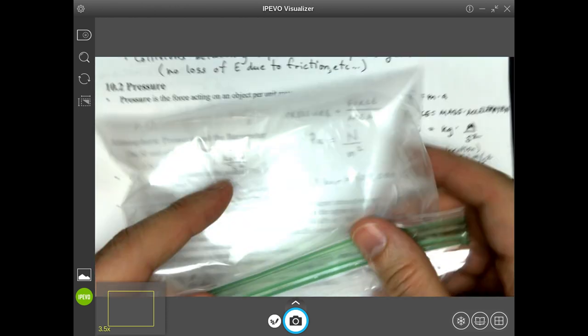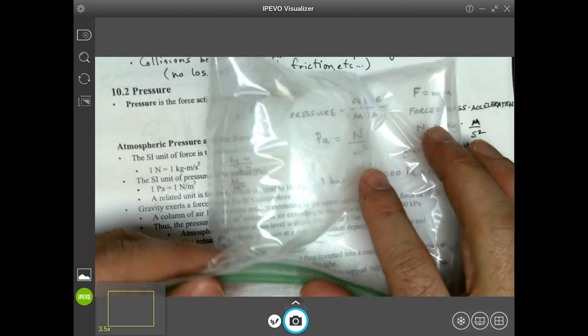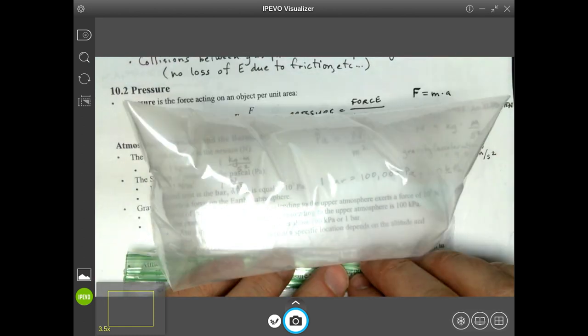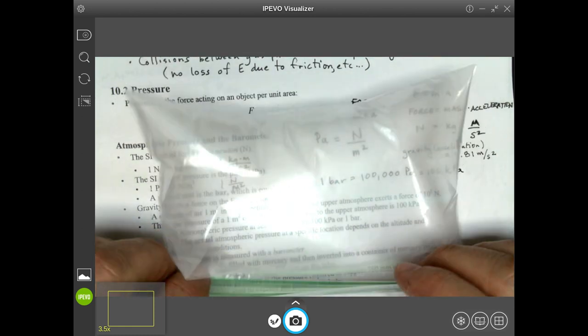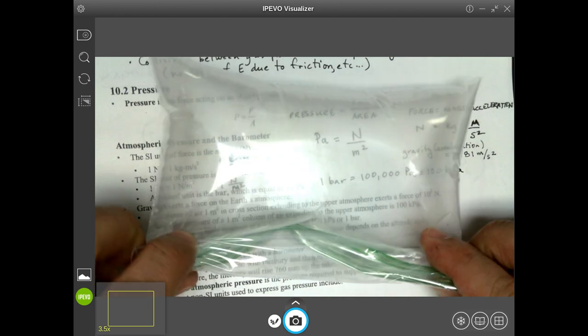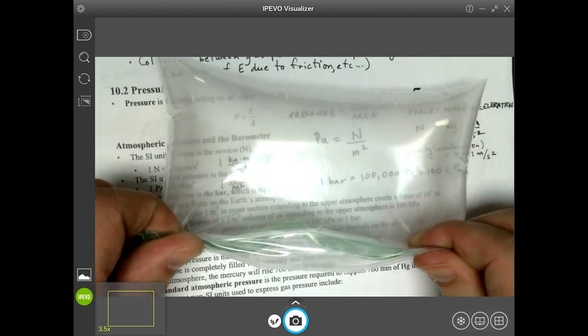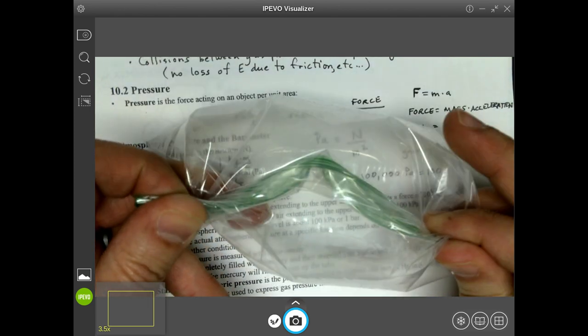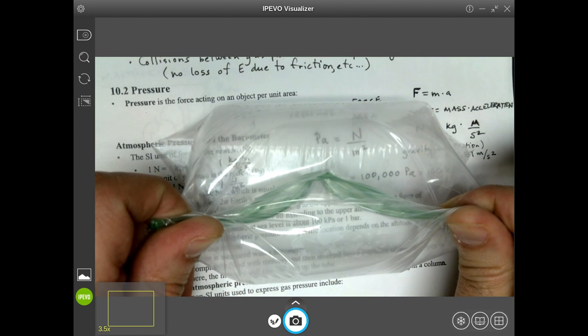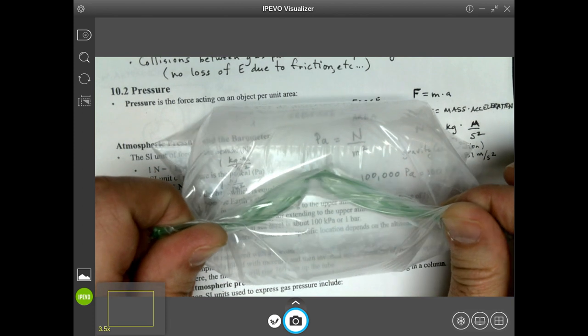What is causing the bag to puff up? There's air inside of it, right? But why, when I kind of do this, does it get more pressure inside? Less space, which is causing what to happen?